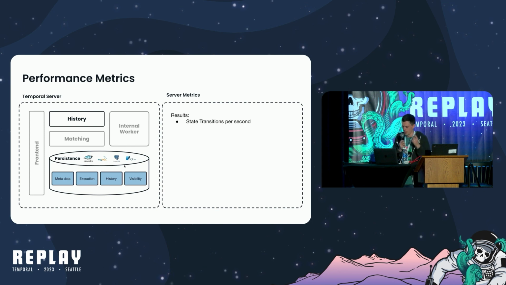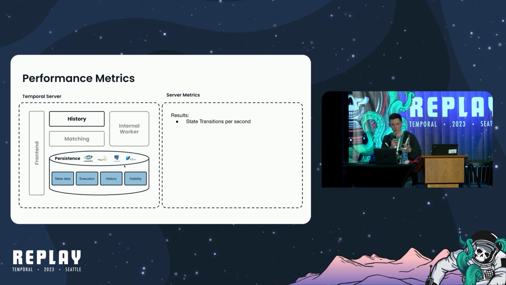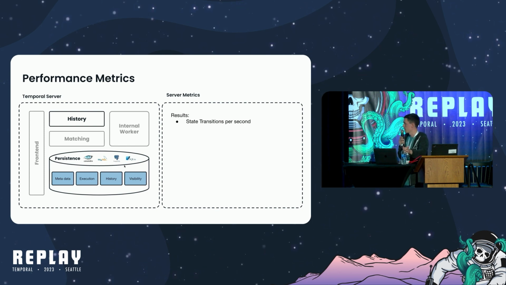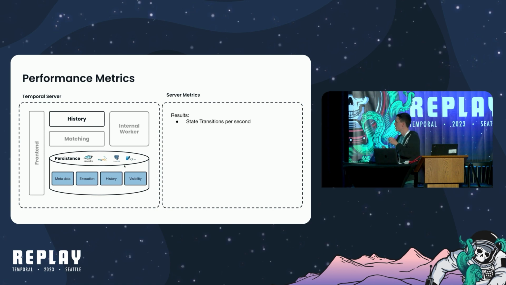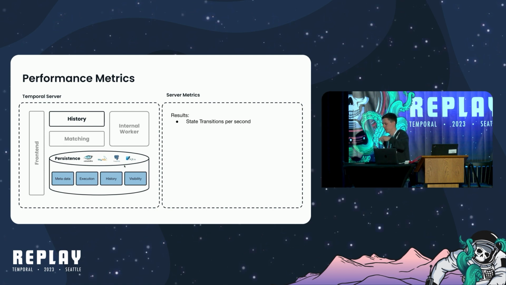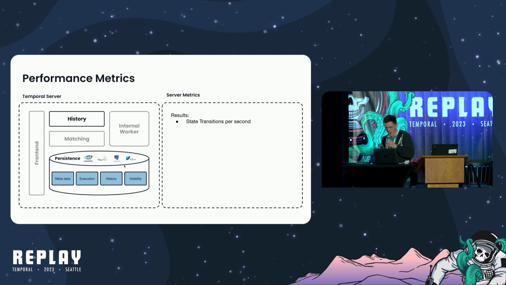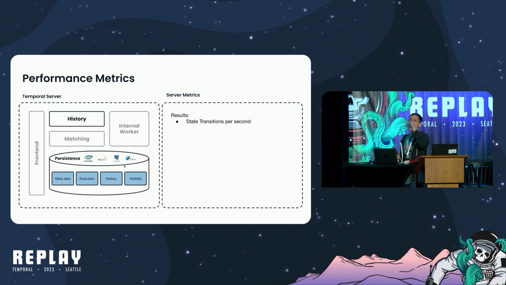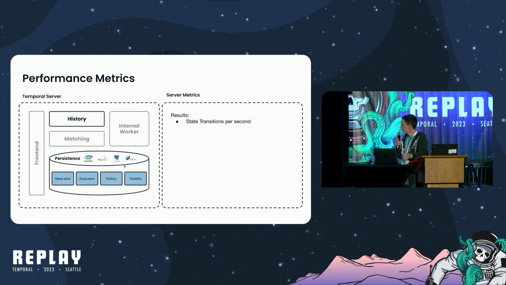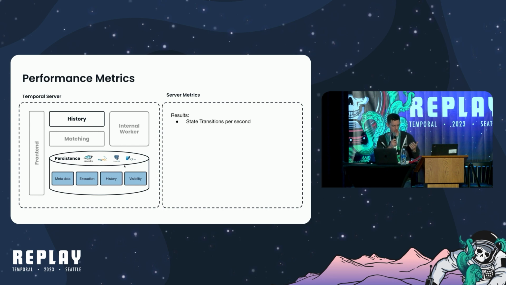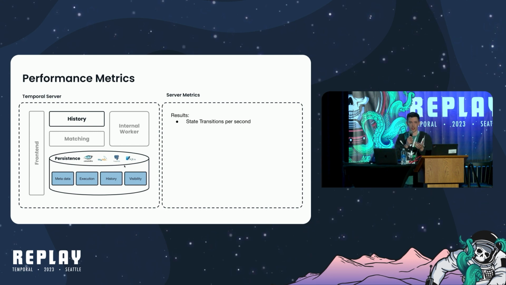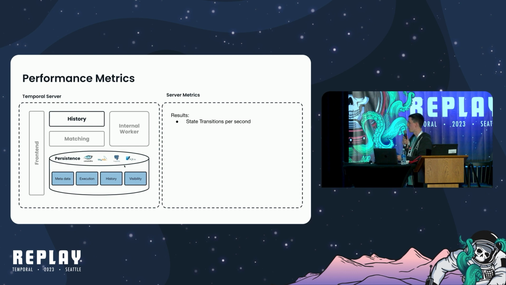Performance metrics. Again, it depends whether you're testing a specific workload or abstractly. State transitions is the one metric that I'm really going to talk about, which comes from the server side. The rest are all going to be SDK metrics.